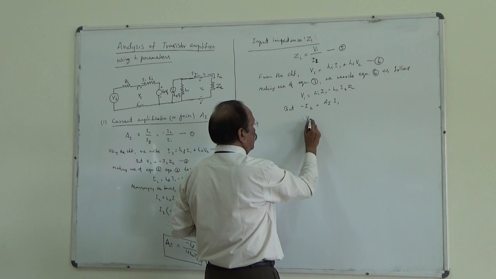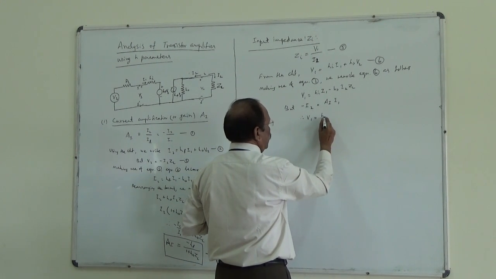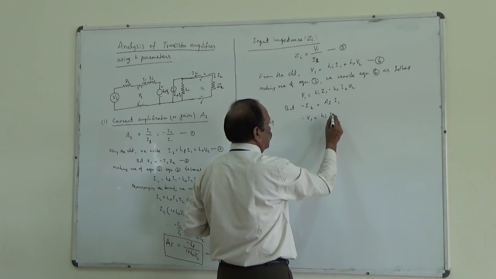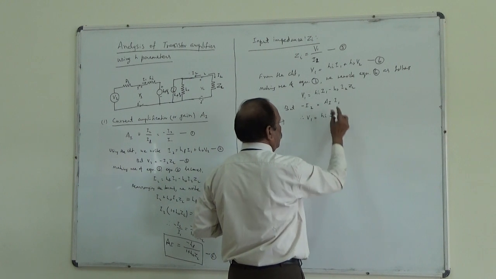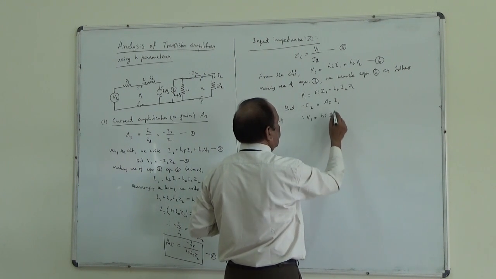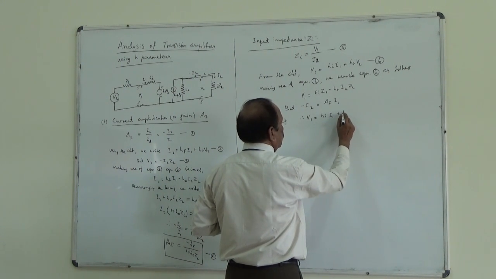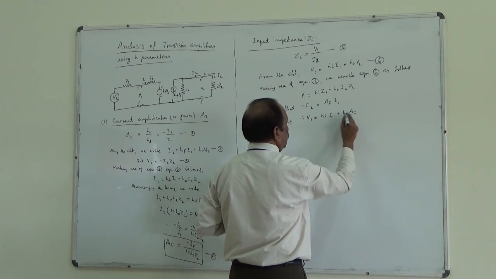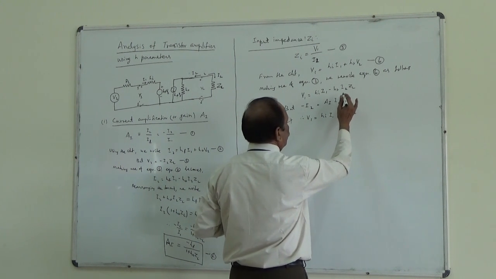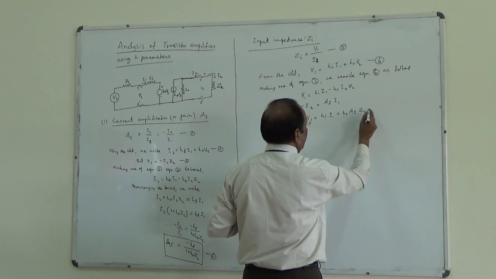Therefore, V1 is given as Hi into I1 plus Hr into AI into I1 into ZL.